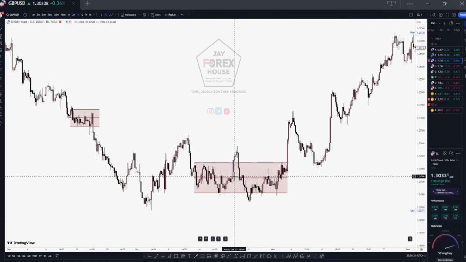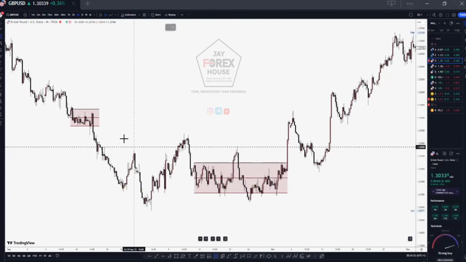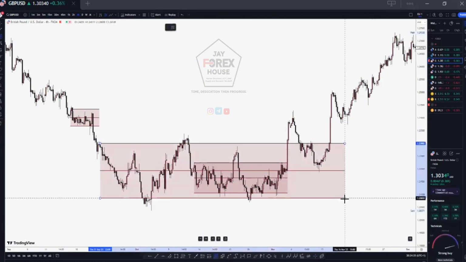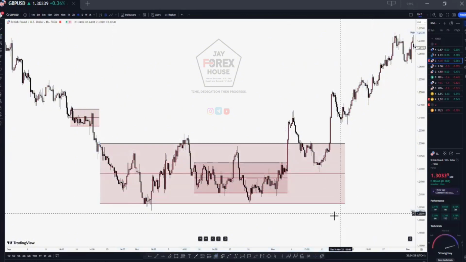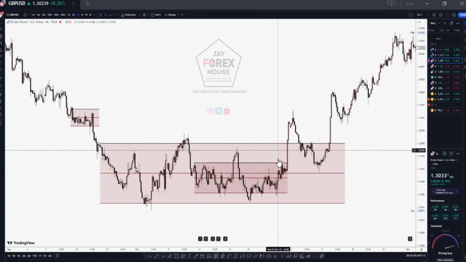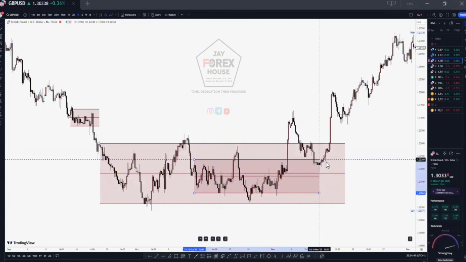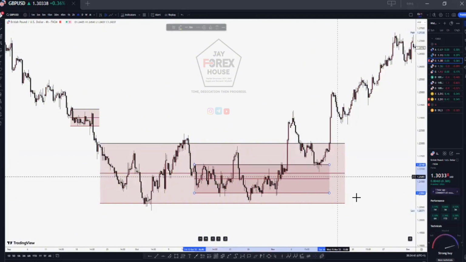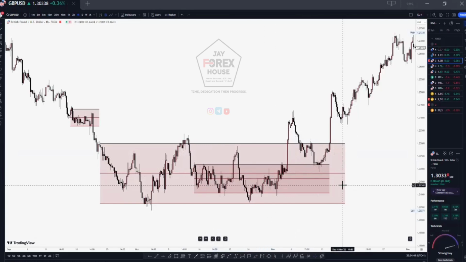So we have a smaller accumulation happening inside a bigger one. And on this one, we see the spring, but on this one, we see the phase 2. So this is also another complex aspect of Wyckoff, because as you can see, the last point of supply was tested on both schematics.